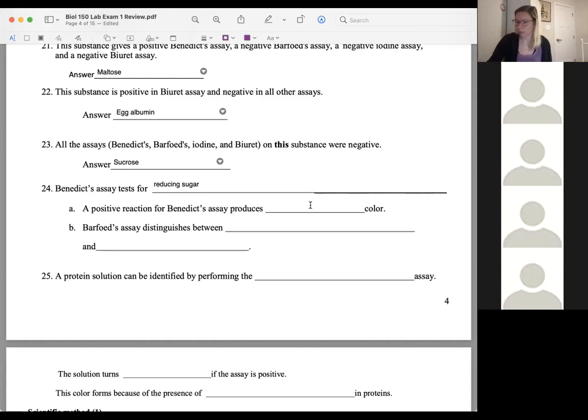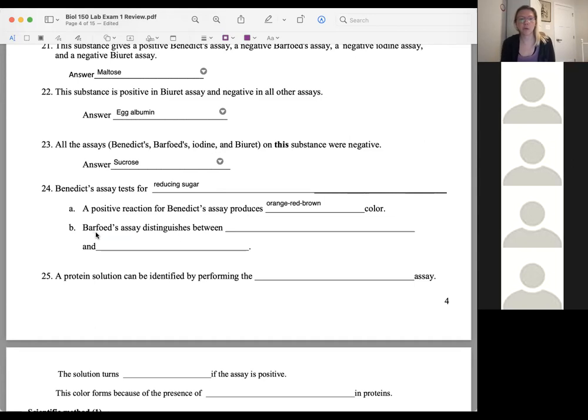Orange or red? Yeah, anywhere in the orange, red, kind of brown family of colors. It's sort of like this rusty colored precipitate that we identify as a positive for Benedict's.